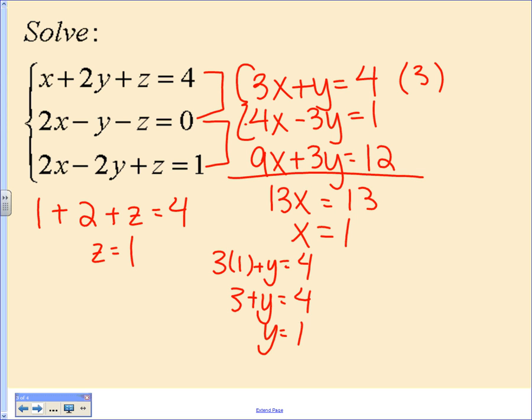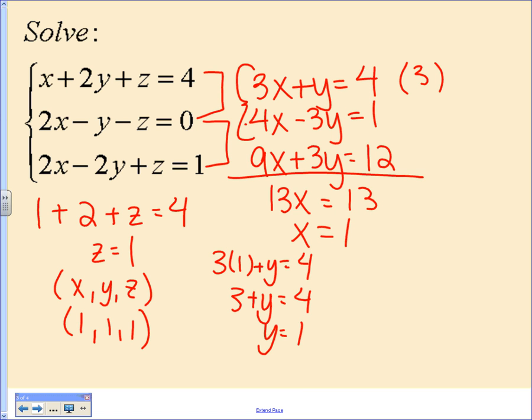On this one, it doesn't really matter which one goes first because they're all the same thing. x, y, z, always in that order. Alphabetical order, x, y, z. Y'all see how that works?